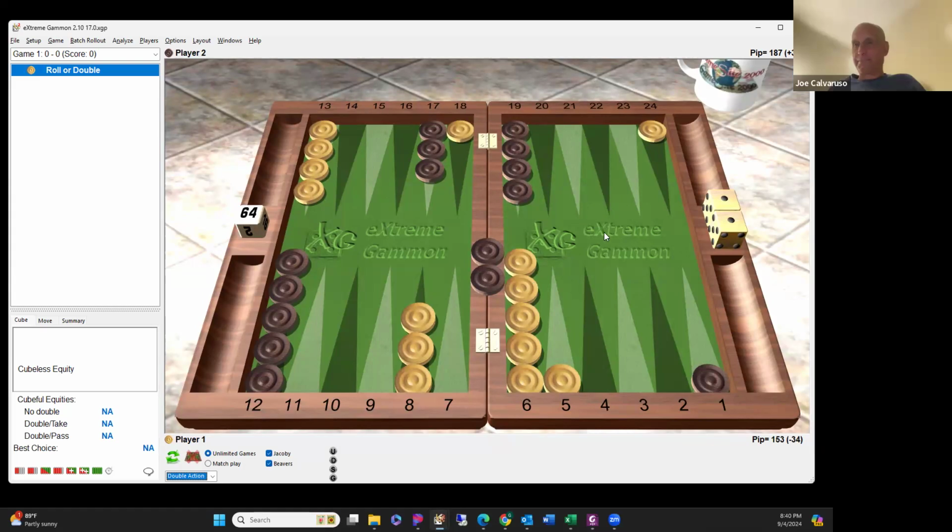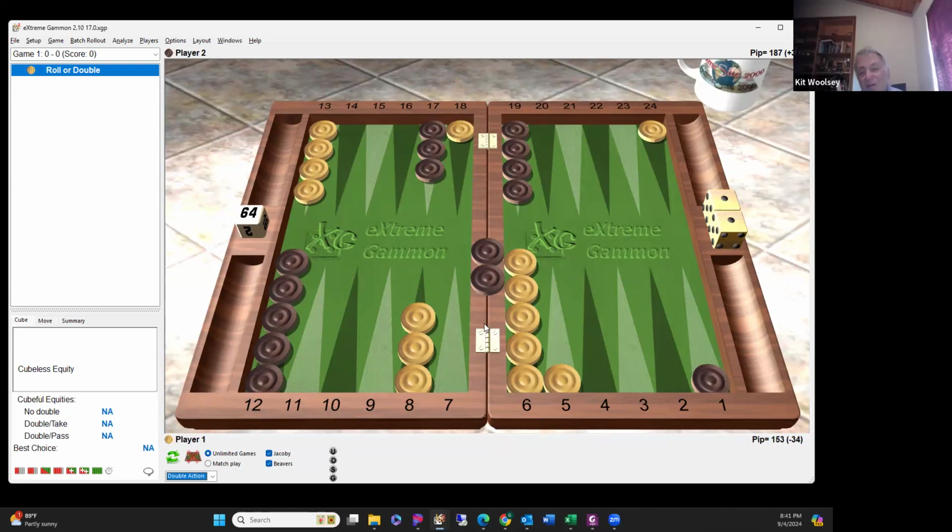And then the question on the Olsen system: do we have a blitz? This is where it gets a little bit trickier because we don't have an inner board point. We have a 1-point board and only 9 checkers in the zone. But he's got 2 on the bar, so almost everything makes a second point.